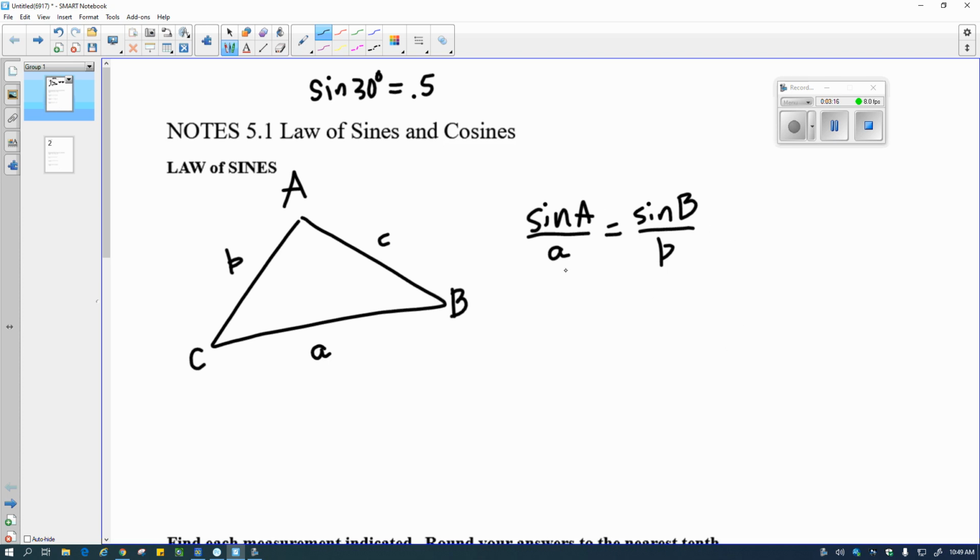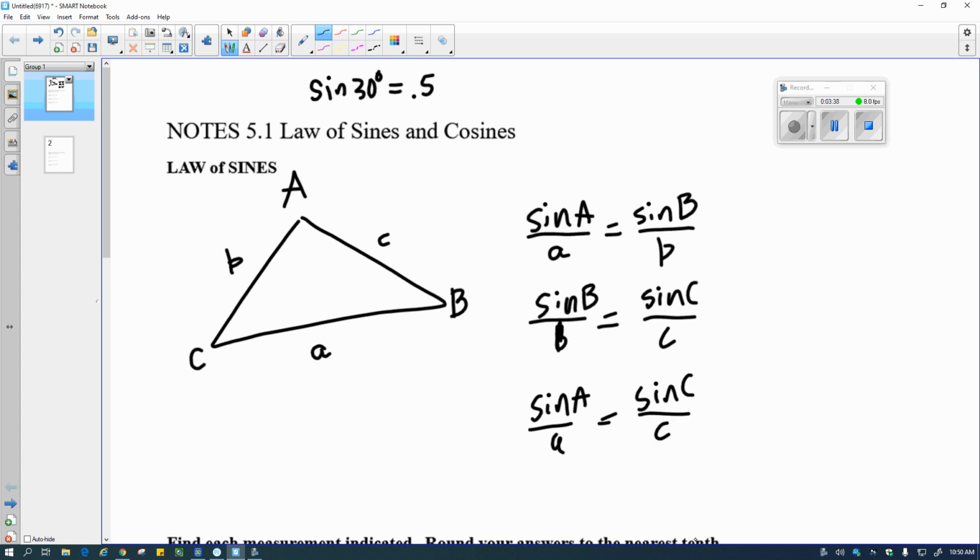So sine A over a is equivalent to sine B over b, and sine B over b is equivalent to sine C over c. And the last one, sine A over a, is equivalent to sine C over c. So it's every combination.